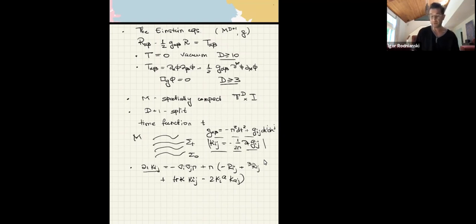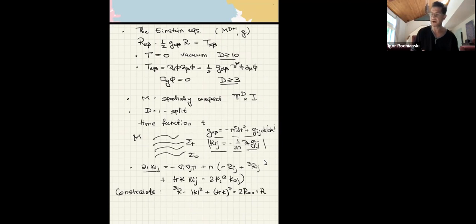Very good. And then, of course, we have to supplement this with constraint equations. So constraints. The first constraint is the so-called Hamiltonian constraint: three-dimensional scalar curvature minus k squared plus trace k squared is equal to, again, something which has to do with the Ricci curvature of the four-dimensional metric.